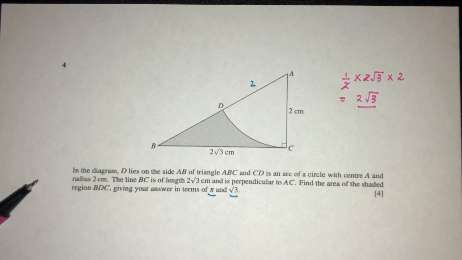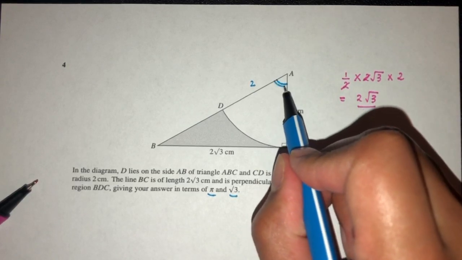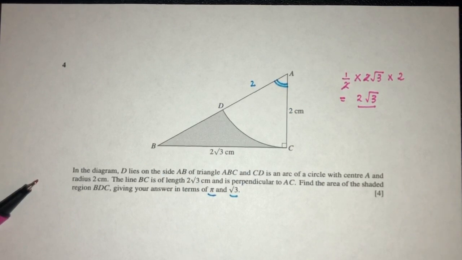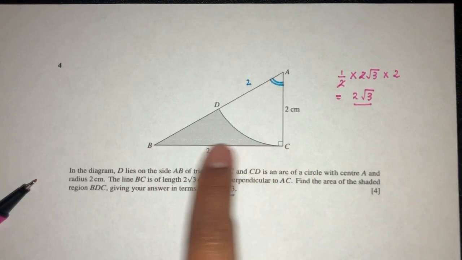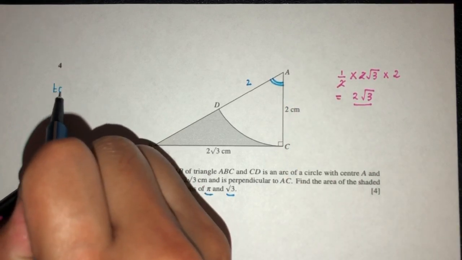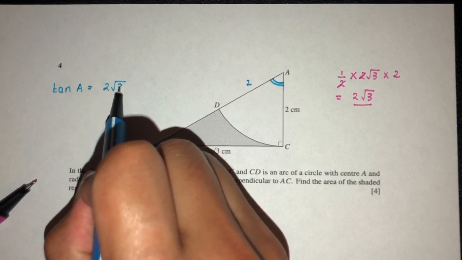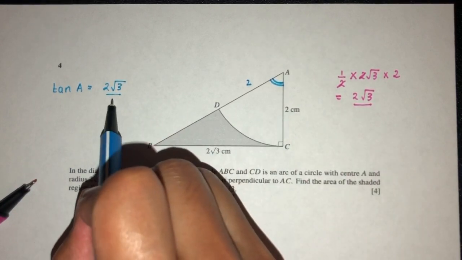Now how would you find the area of this one? That will be the area of a sector. So we need to find the angle right here. How would you find the angle? We can again use SOHCAHTOA because it is a right angle triangle. This is my opposite side and this will be my adjacent side. So we have to use tan. So tan of the angle A has to be the opposite side over the adjacent side.